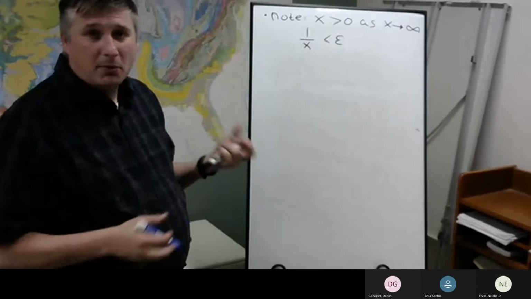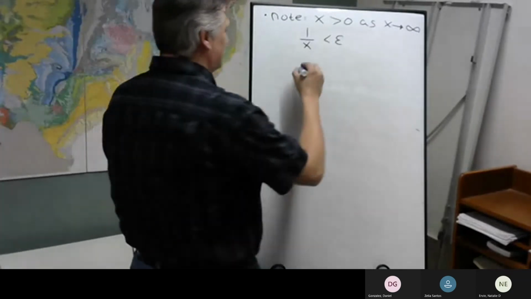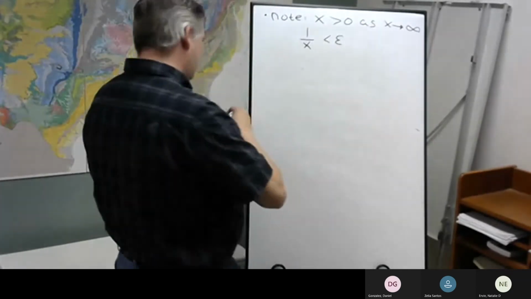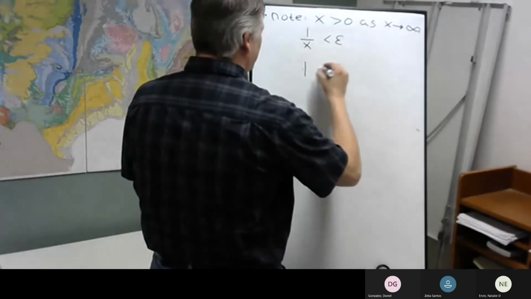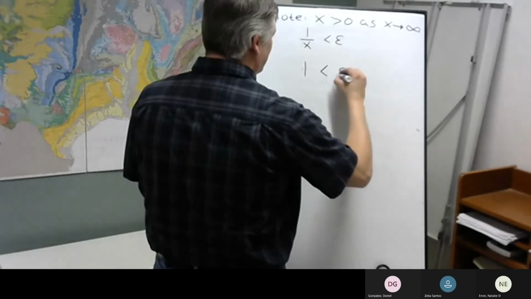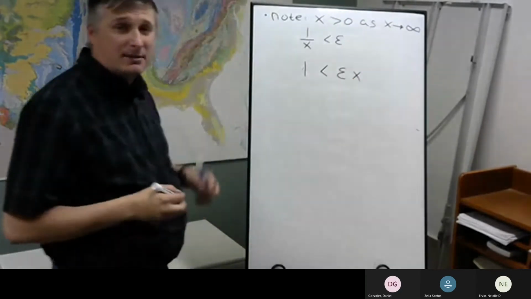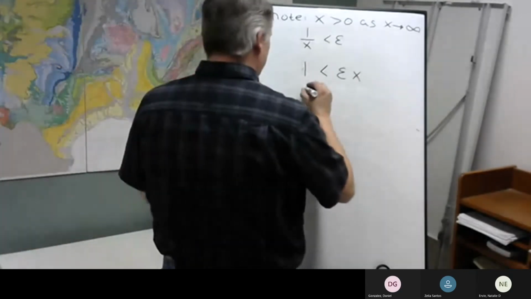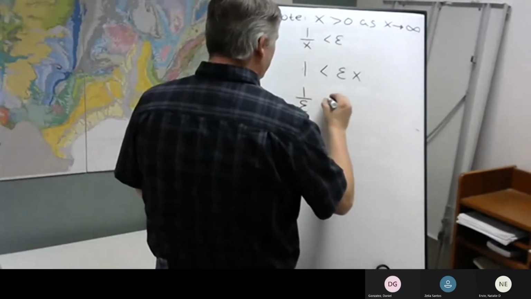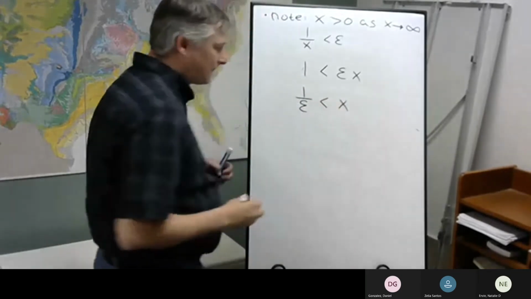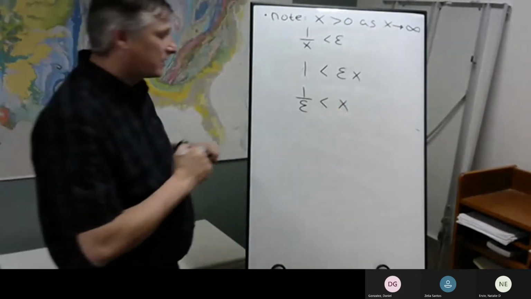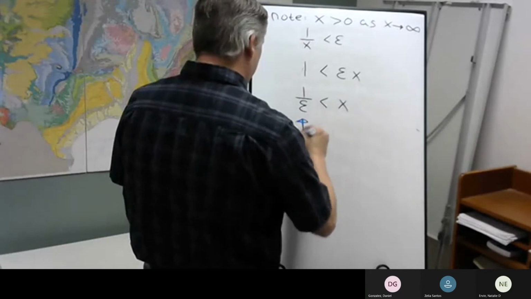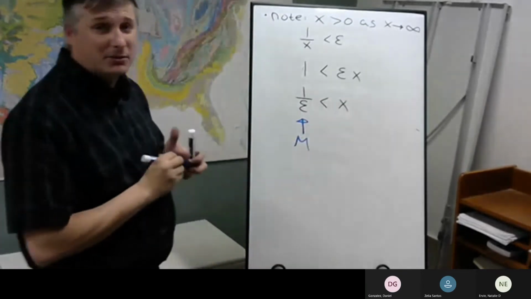And then you could multiply both sides by x. That would give you 1 is less than epsilon times x. And then divide both sides by epsilon. We'll get 1 over epsilon is less than x. And what we're going to do, we're going to call this m. That's going to be our m.